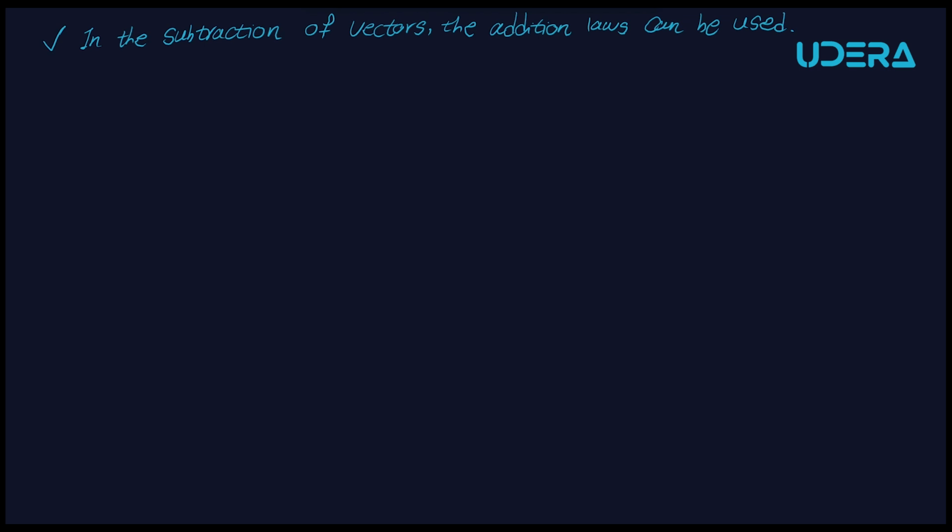So a few minutes ago, I told you when we write S is equal to vector A minus vector B, I can rewrite it in the form of vector A plus the negative of vector B. What does the negative of a vector mean?